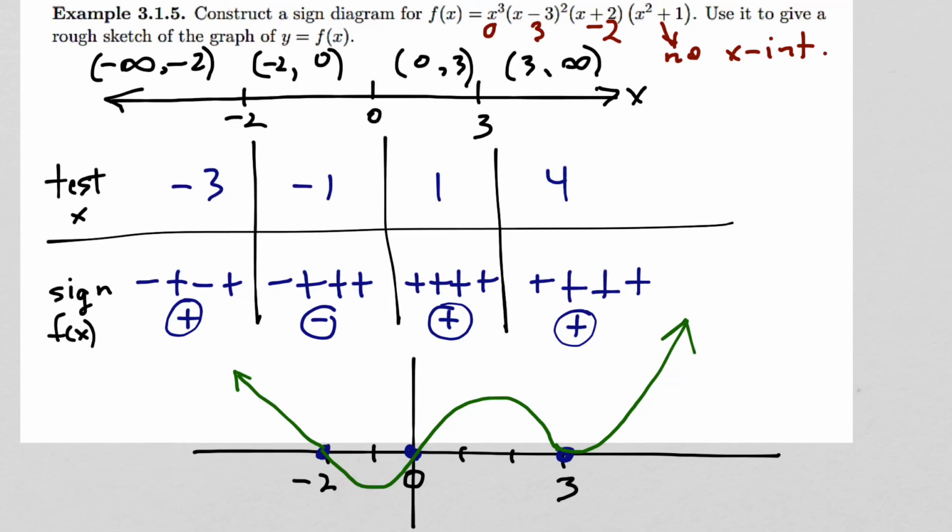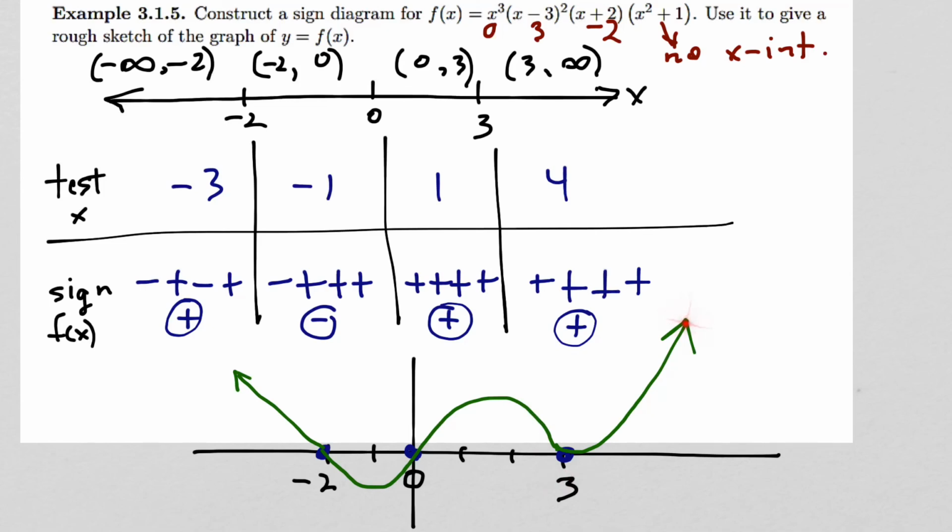A 0 of 0, I cube that, so that's an odd multiplicity cross. So odd multiplicities are cross. So we're thinking this one should have been an even multiplicity for the 0 of 3. Okay, let's look at that. Yes, it's got a multiplicity of 2, so that's a bounce.